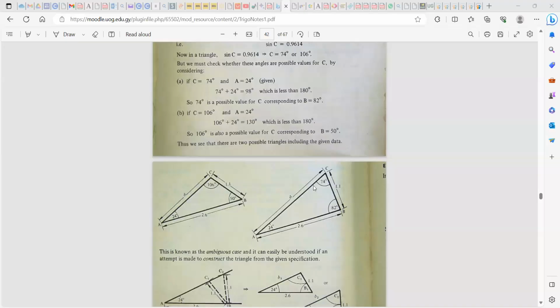Either of the two will fit the data that was given, or the conditions that were given. So we can conclude that the answer was 74. It's possible that the answer could also be 106. You see? But oftentimes when you have these problems, you have to check, because that second angle sometimes, when you notice they found the third angle in each case. You notice? They found the third angle.